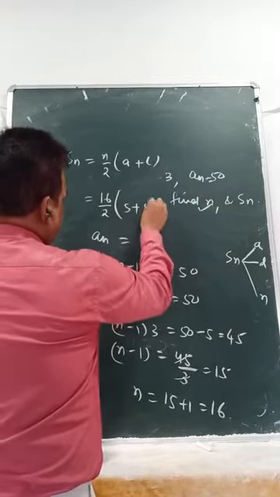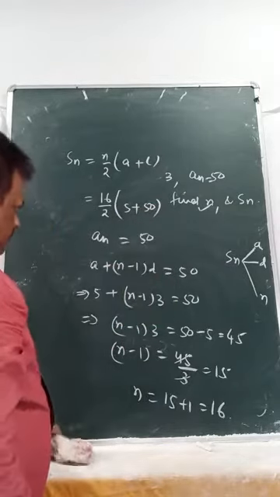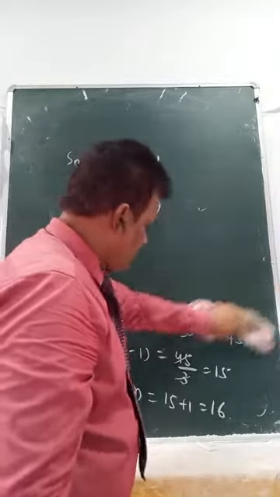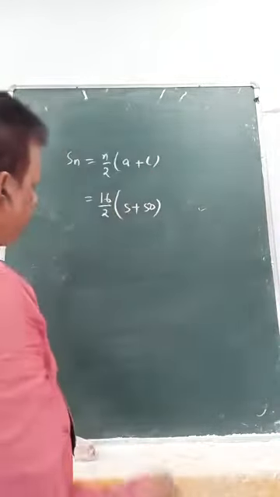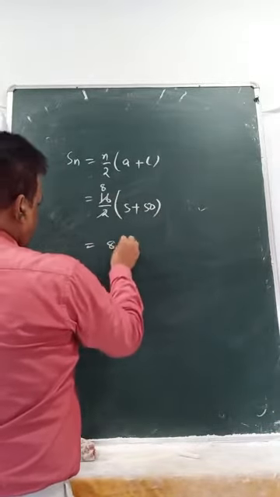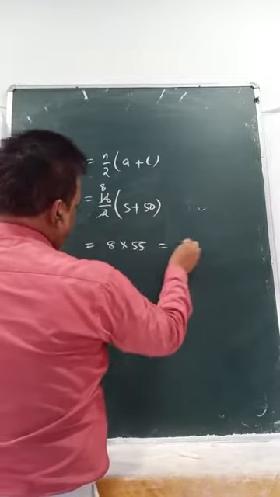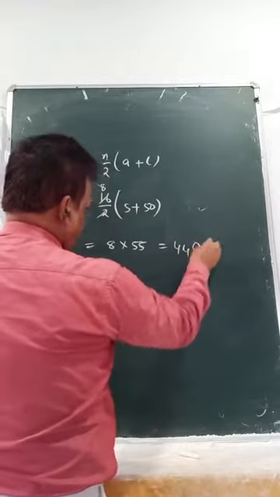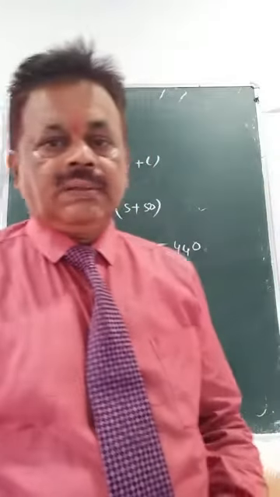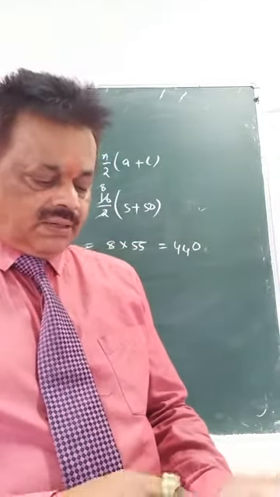An is 50. So 16 by 2 is 8 into 55, 440. Simple questions, formula based, not difficult.